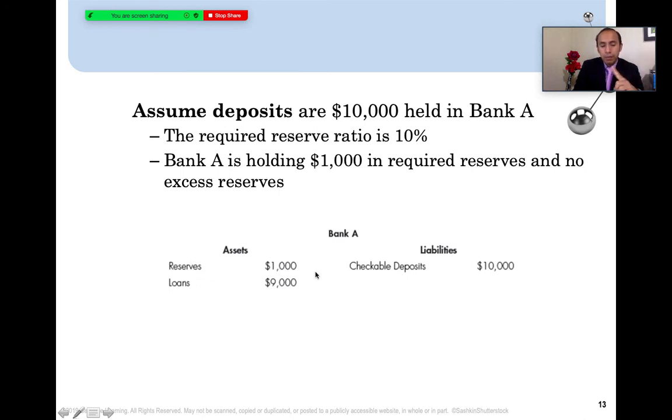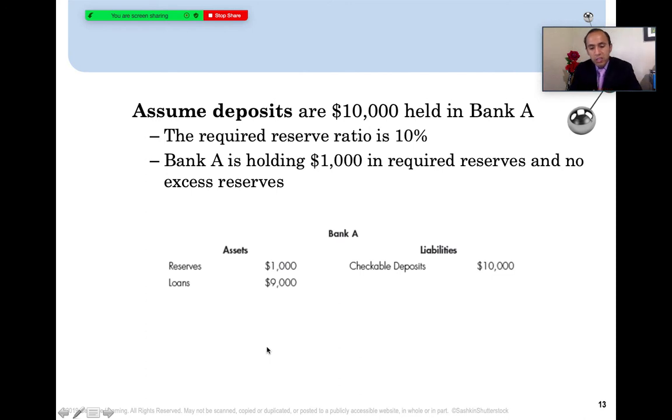So what did that bank do with those excess reserves? Well, they lend it right away. Since there's no excess reserves, the bank has loaned the $9,000 that they had in excess reserves and converted it into a loan. So basically, it issued those excess reserves right away and lent it out to the public, someone else. So that we still have the total of assets and liabilities. They have to equate.